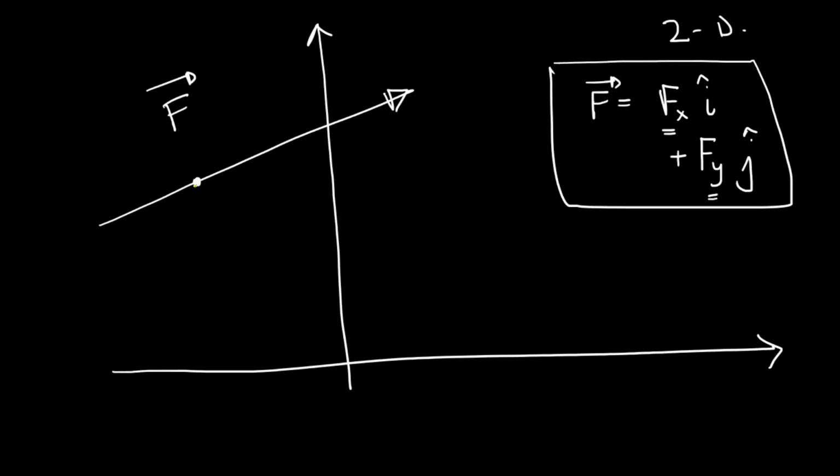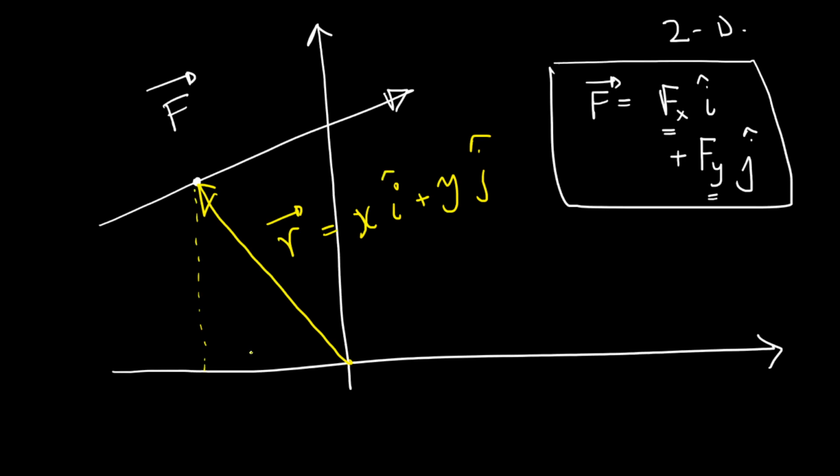Then the position vector of this particular force is going to be r, which is also going to be something like xi plus yj. And what is x and what is y? I think you know. So for example, this is going to be x and this is going to be y. So they're always going to be of the form something I cross something j.